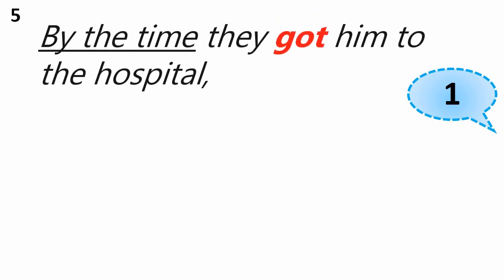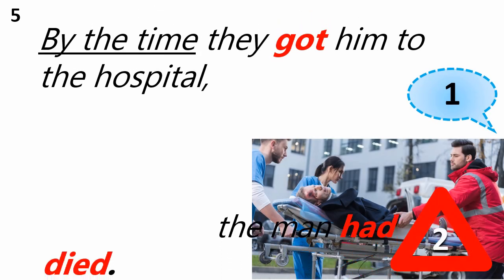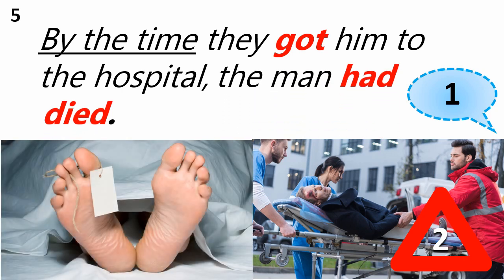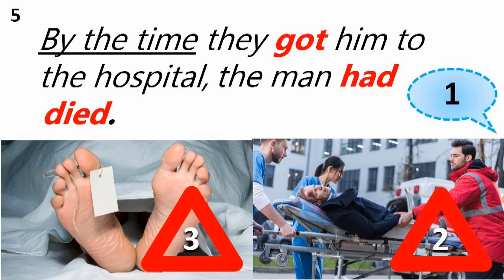By the time they got him to the hospital, the man had died. In every example, the double red form with had remembered, had spent, had died, is the earliest action, followed by the simple red form was, moved, got. And finally, the speaker's viewpoint is last, although he or she is not mentioned at all.